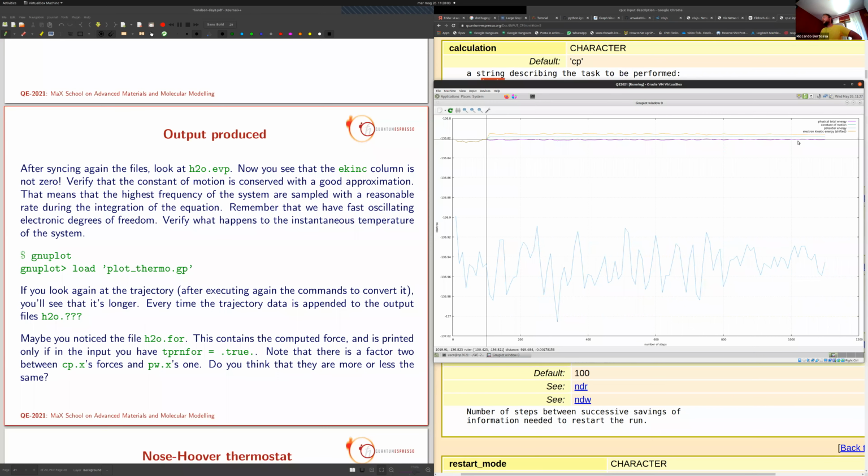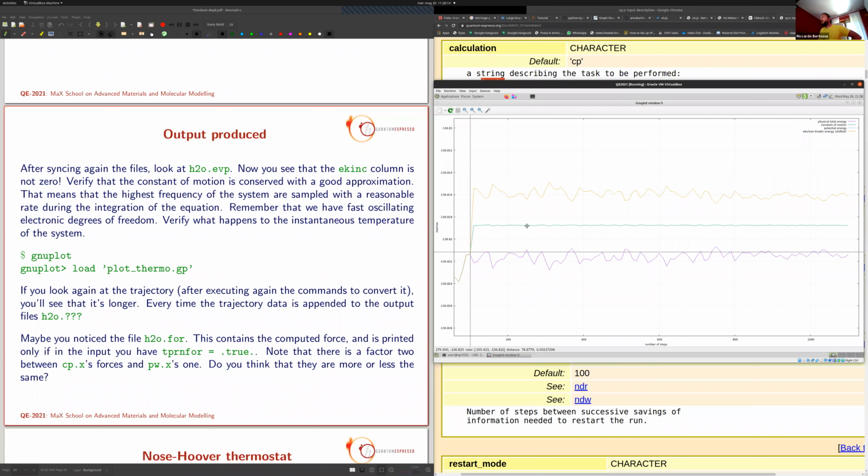So here I'm plotting the constant of motion, this line in between. Maybe I can zoom. Okay, you see this line here. This line here is the constant of motion of the Lagrangian.